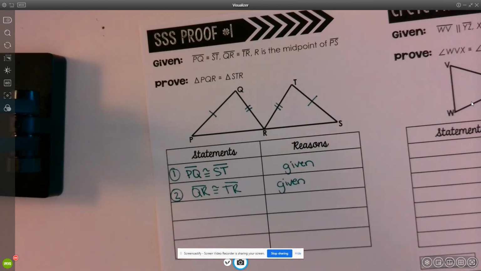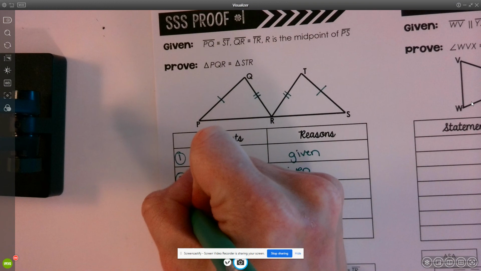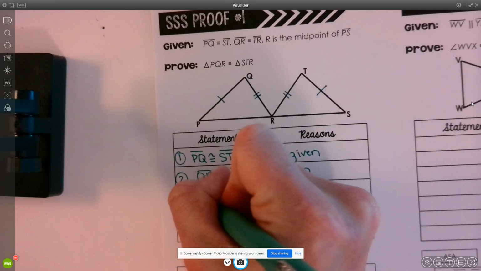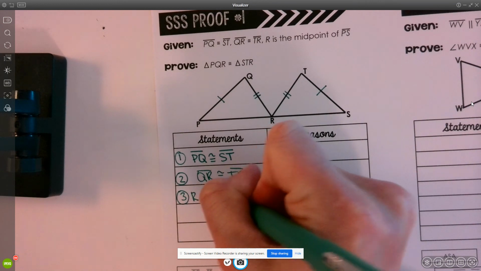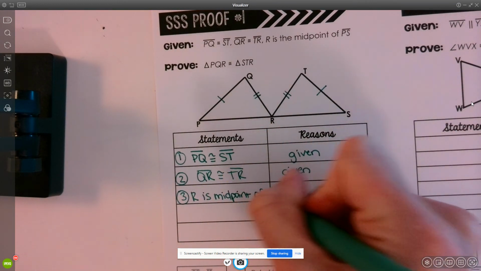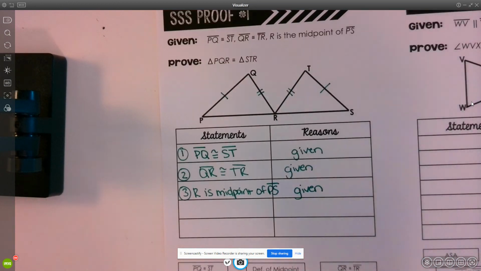We also know that R is the midpoint of line segment PS. And so I'm going to add that statement into my proof. R is midpoint of line segment PS. Do not forget to add that into your proof.